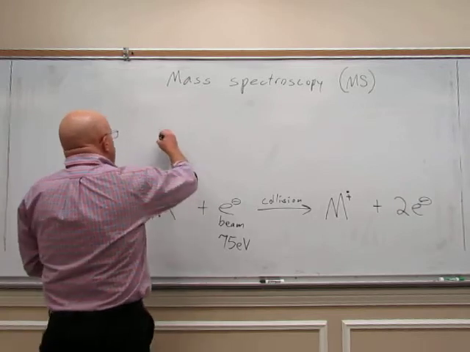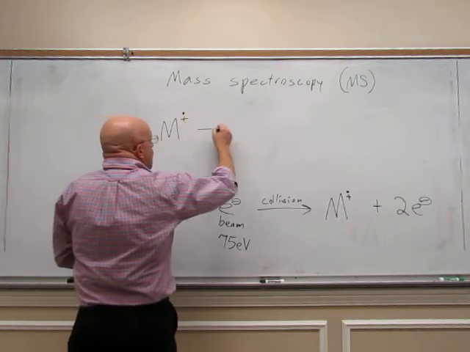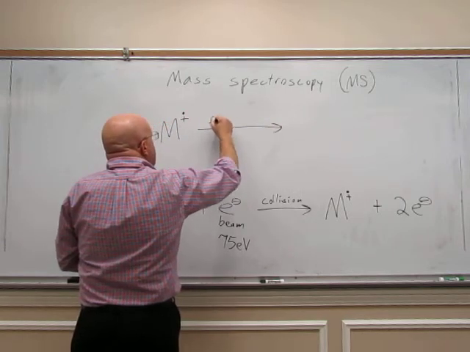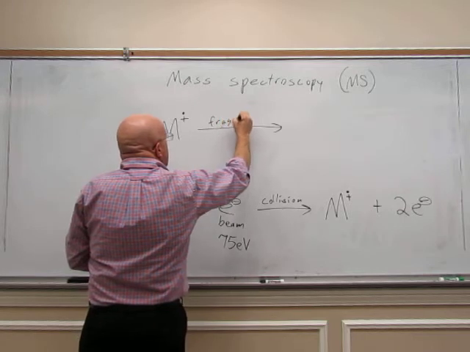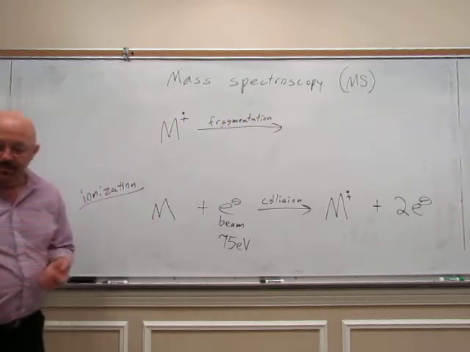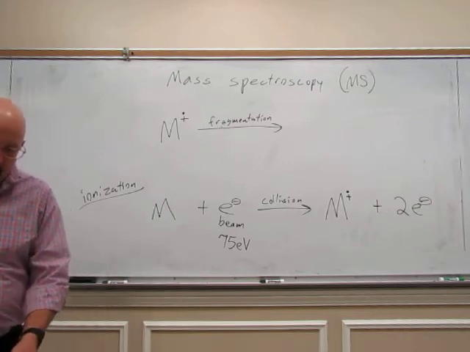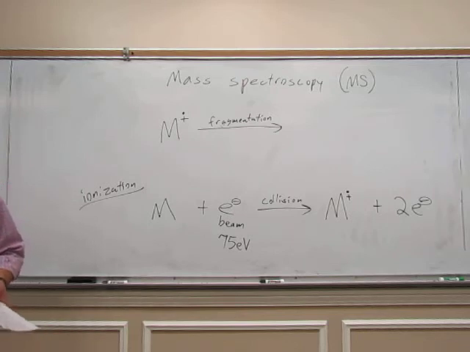So oftentimes these radical cations will break apart, they will fragment into smaller pieces. Fragmentation is just the bonds breaking. We're breaking the molecule apart.